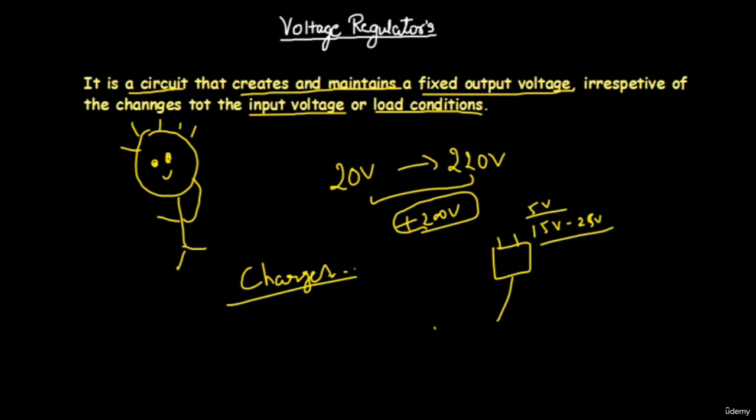But the power supply of our home is around 220 volts or even more. So there is a voltage regulator inside what we call an adapter, and that small voltage regulator decreases the voltage, and we get our 5 volts or 15 volts as per the requirement of the device. So this is voltage regulation. Either you can increase the voltage or you can decrease the voltage.